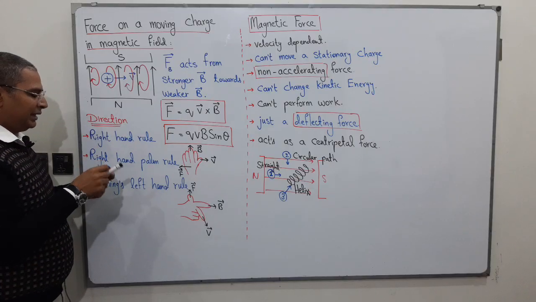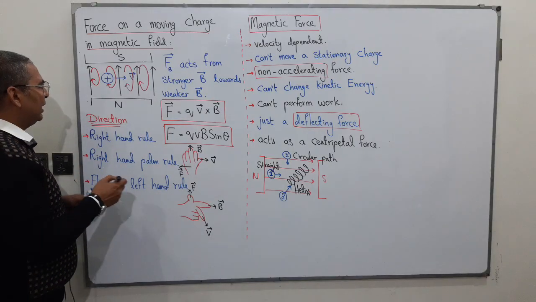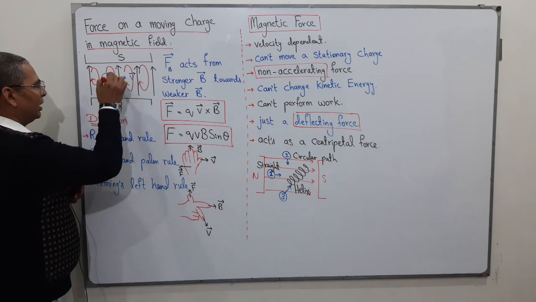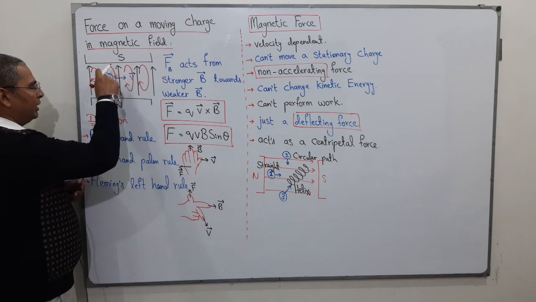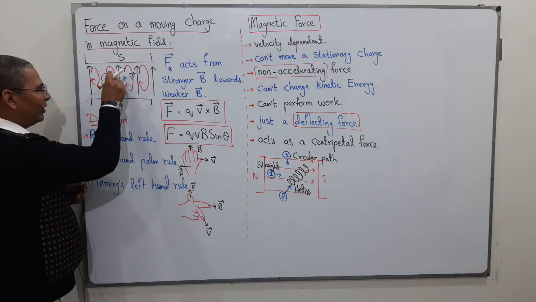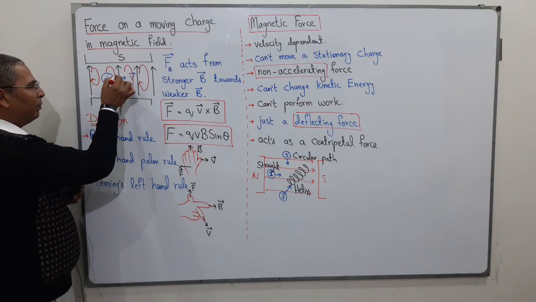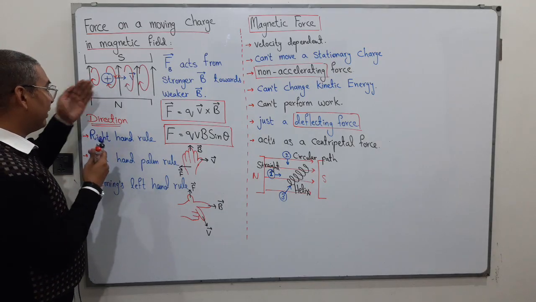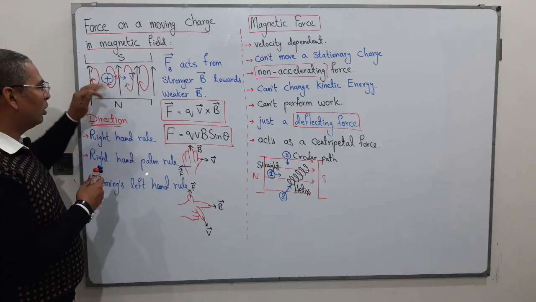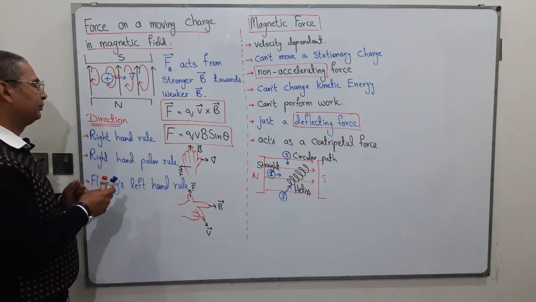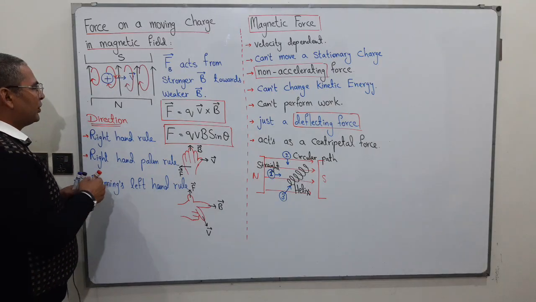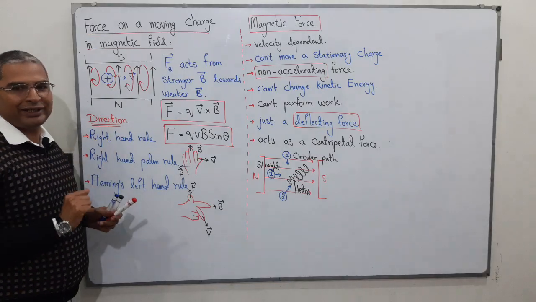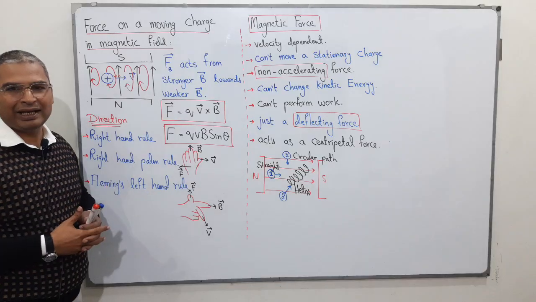You can see one thing: these red magnetic field lines are in the downward direction and the black magnetic field lines are in the upward direction from the front side of this board, not from the other side of the board. That will be the other case. So at the front side, these two magnetic field lines are in opposite directions. Therefore, they will cancel out each other's effect.